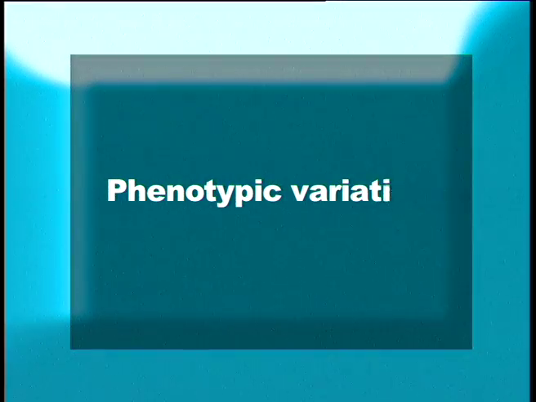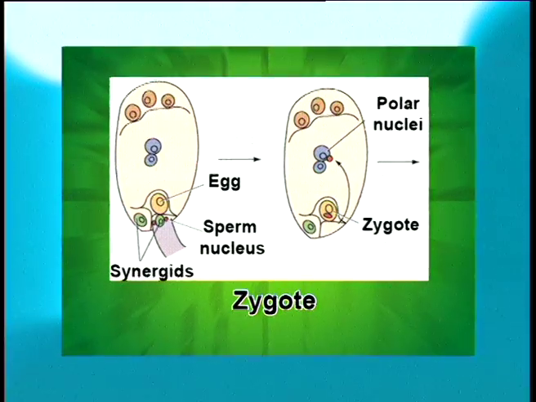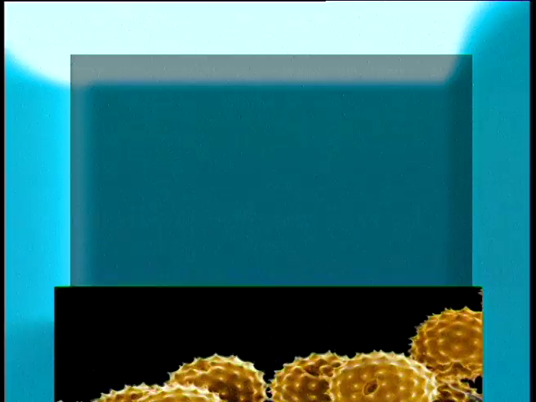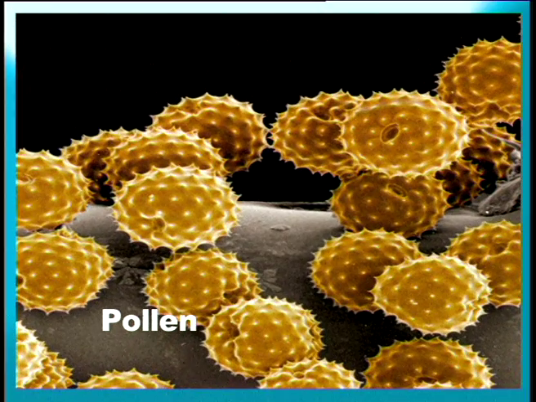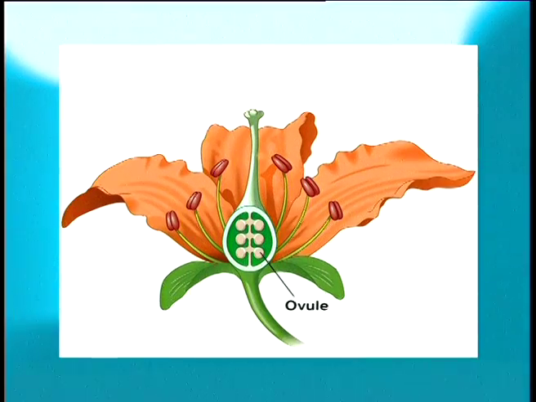Number two, phenotypic variation. Most duplications have no phenotypic consequence, but large duplications of chromosomal material lead to gene imbalance that may be lethal to a zygote, or even, in the case of plants, to the pollen or ovules that carry them.